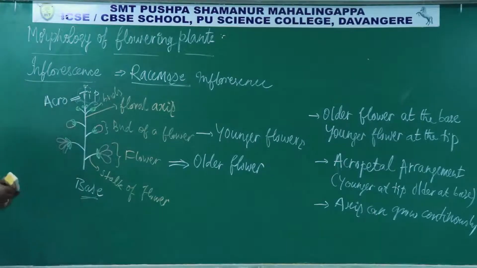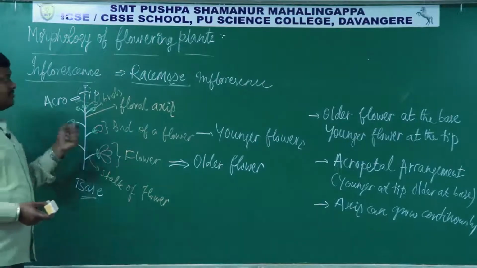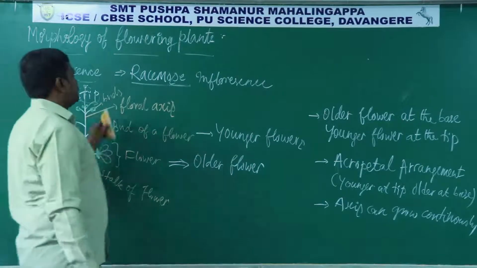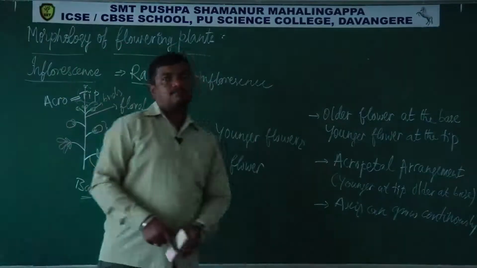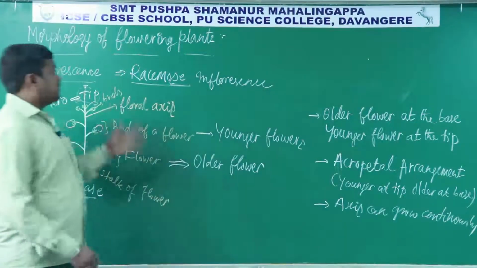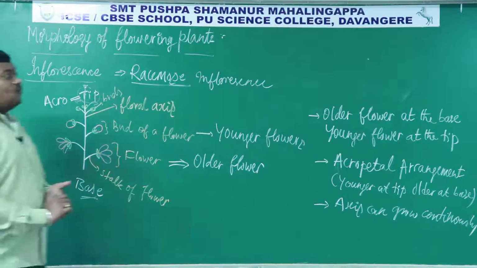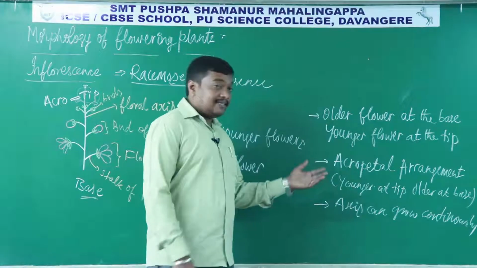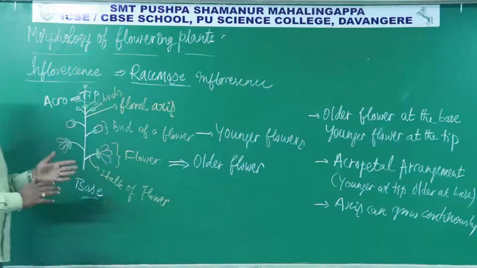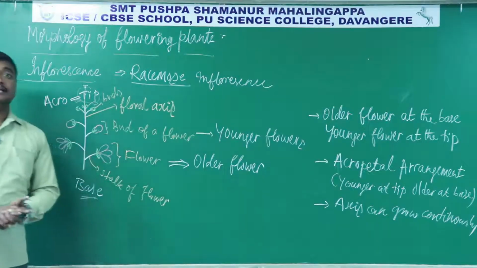Okay, so hope you understand why it is called racemose inflorescence and what the arrangement of flowers in racemose inflorescence is. Similarly, one more type of inflorescence is there, that is cymose inflorescence. This is racemose inflorescence, where older flowers are present at the base and younger flowers at the tip, and such an arrangement is called acropetal arrangement.